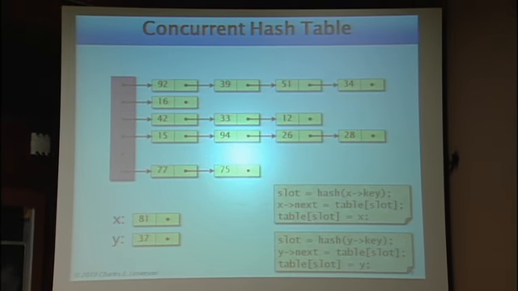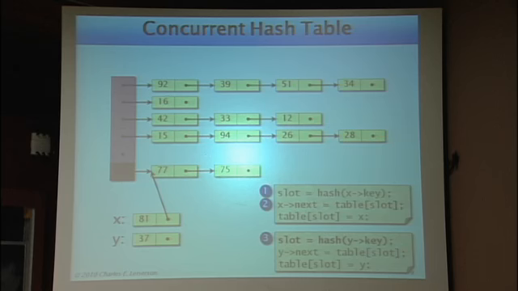One of them is going to do this one and one of them is going to do this one. So let's just see how this can screw up. First we hash x and it hashes to this particular slot. Then we do just as we did before, making its next pointer point to the beginning of the array.